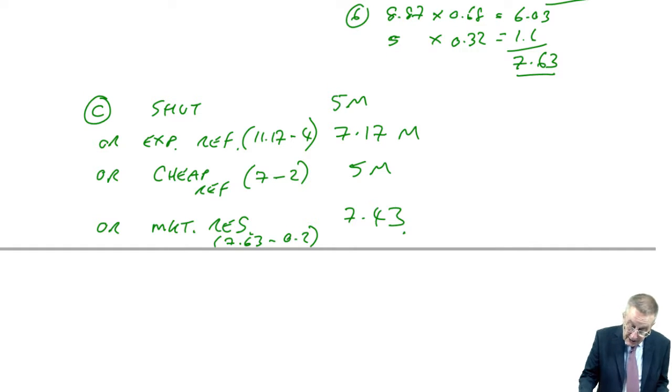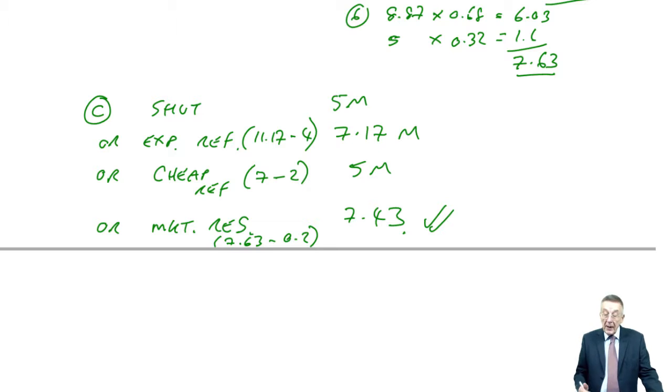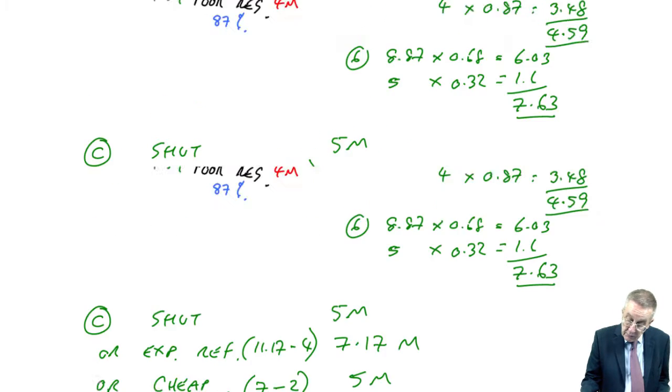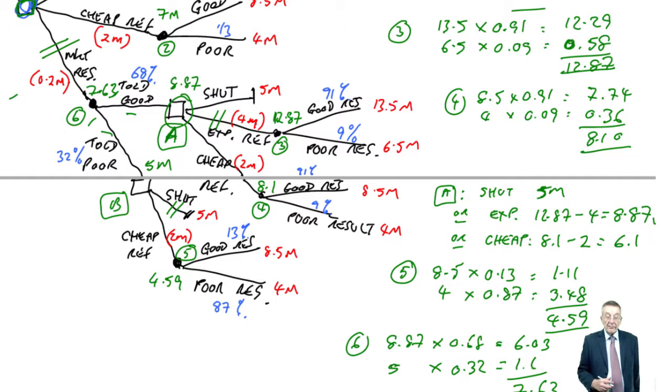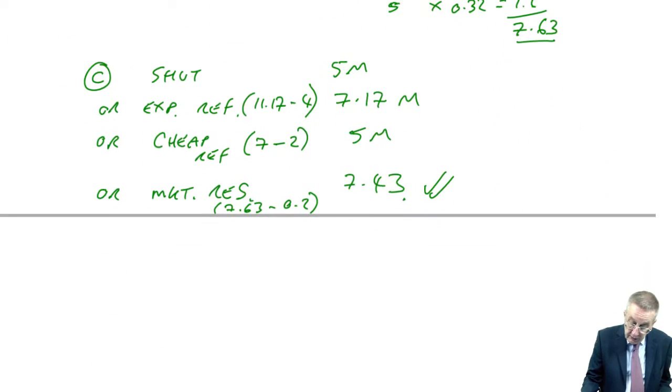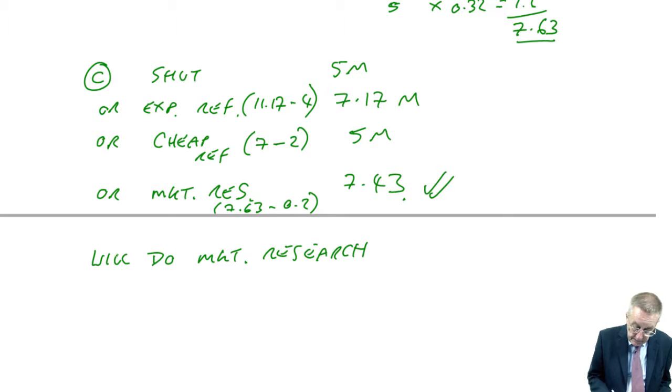The best is, in fact, to do the market research: 7.43. And so there we are. Although strictly the full answer is this: we will do the market research. I hope you're clear why.